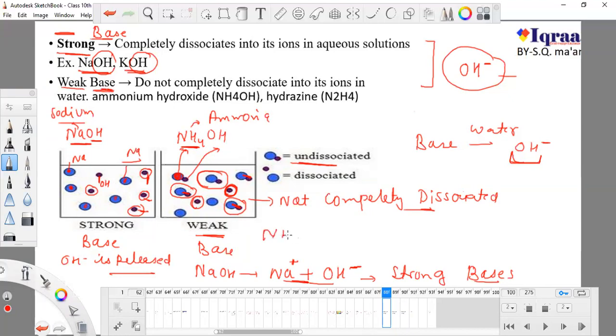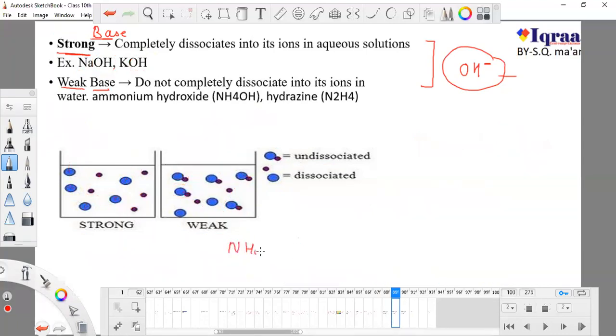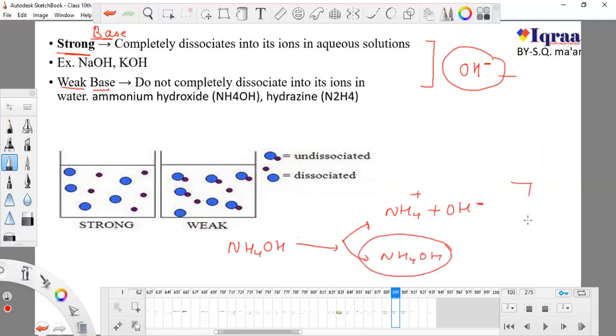NH4OH. There will be two things: sometimes they are releasing, and sometimes they are not releasing, or not dissociating, so they are known as weak bases. So this is the difference, and please learn these examples.